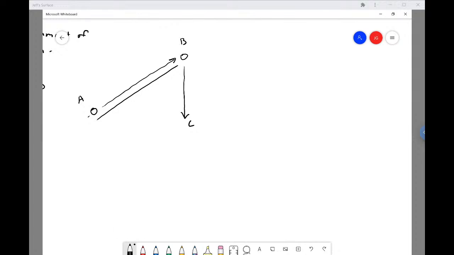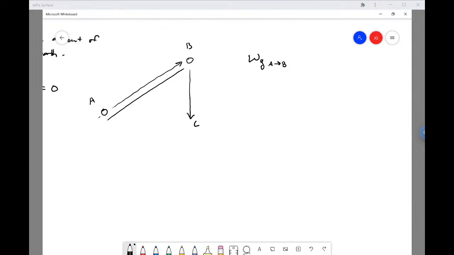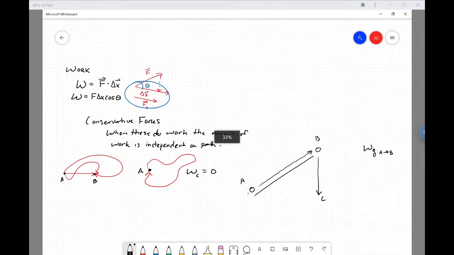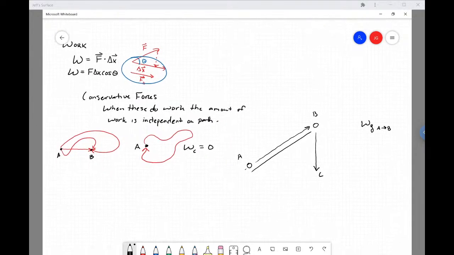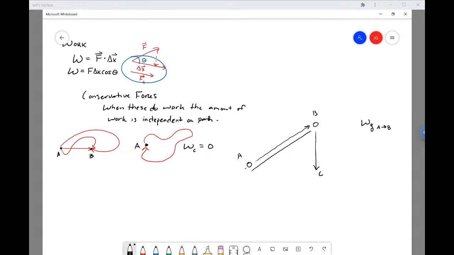And let's ask, what is the work done by gravity, so I'll call that W sub G, when the ball moves from point A to point B? And so in order to answer this question, we've got to come back over here and look at our definition of work a little bit differently.